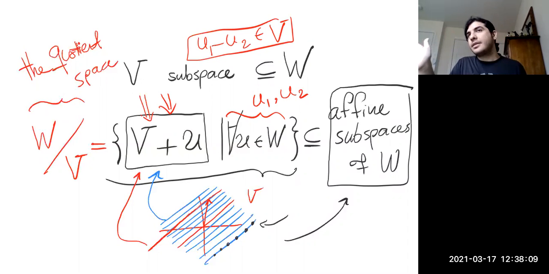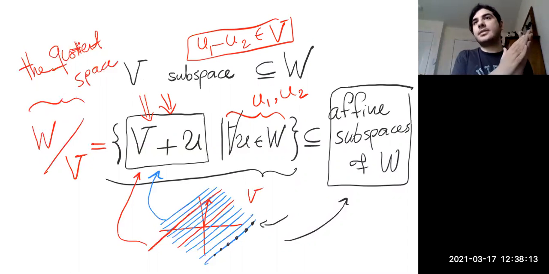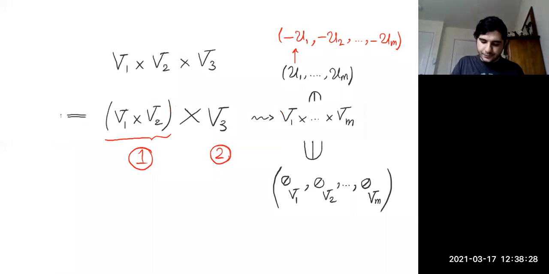There are different things in W, whose images on the left-hand side, V plus U1 and V plus U2, would be the same. And that's why it's not going to be all W. In general, it's not necessarily equal to all W. Okay, if it's still not clear, I can explain it more.